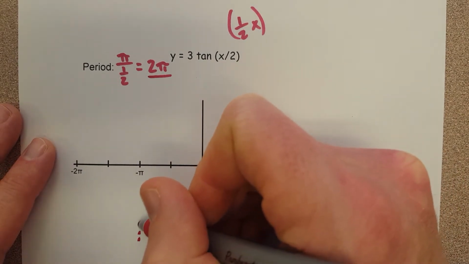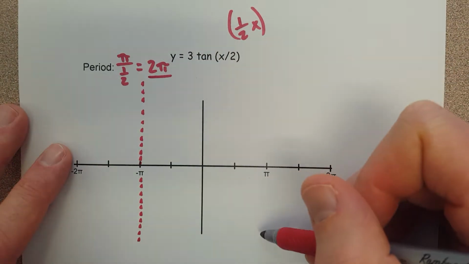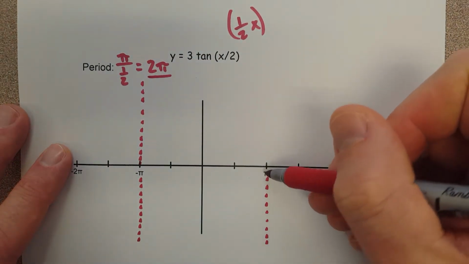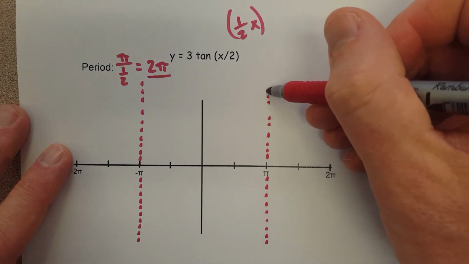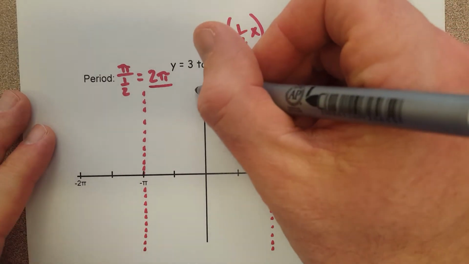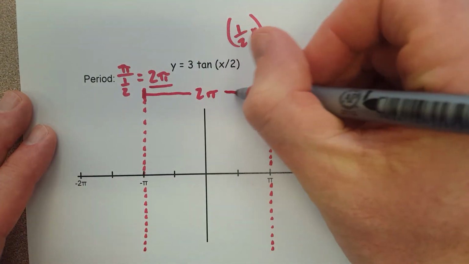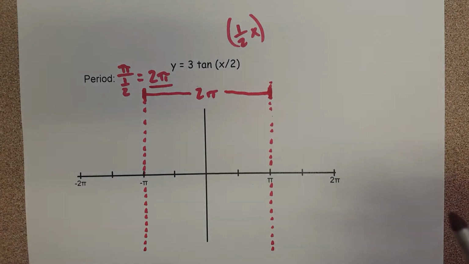So this is where my asymptotes are going to have to be. This is centered, and the reason I put them there is so that the total distance between that one and that one is going to be 2 pi.